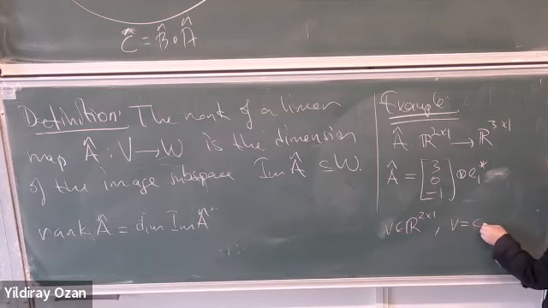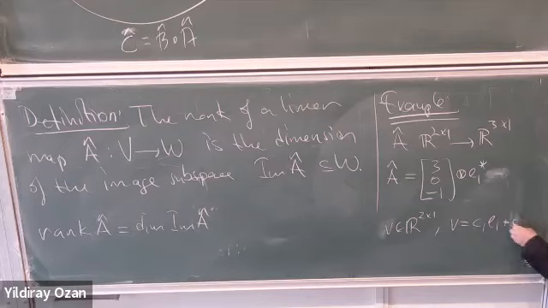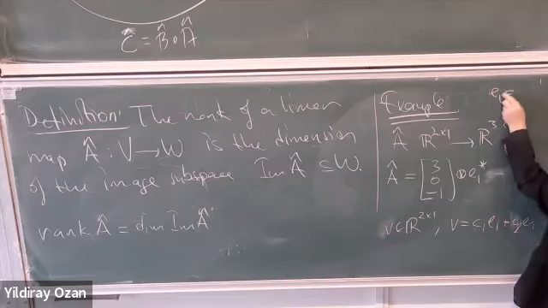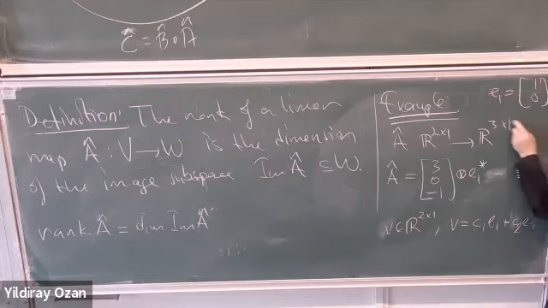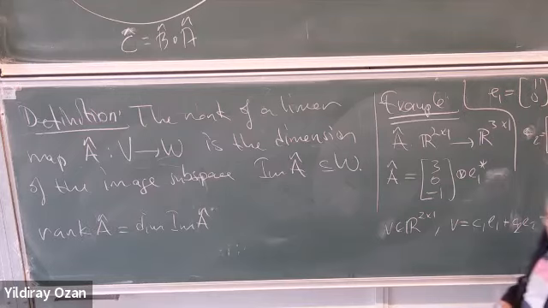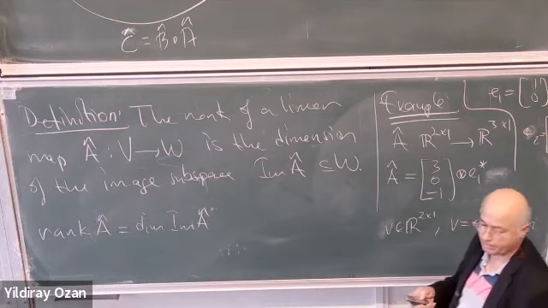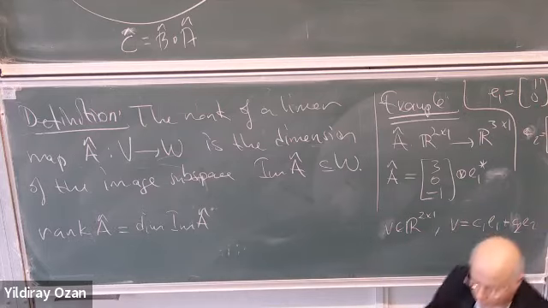It is just C1 times E1 plus C2 times E2, right? E1 being this vector, let's say 1, 0, and E2 is this vector 0, 1. Okay, 0, 1.